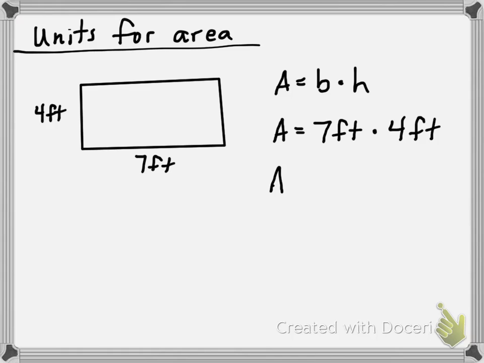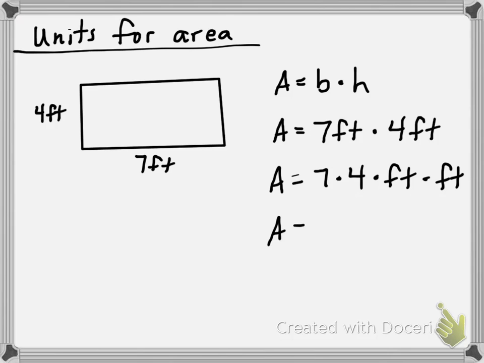Now what that means, when something is right next to something, it means multiply, right? 7 times feet. That's mathematically what this means. So that means I'm going to put my 2 4s next to each other and my 2 feet next to each other. So I've got 7 times 4 times feet times feet.